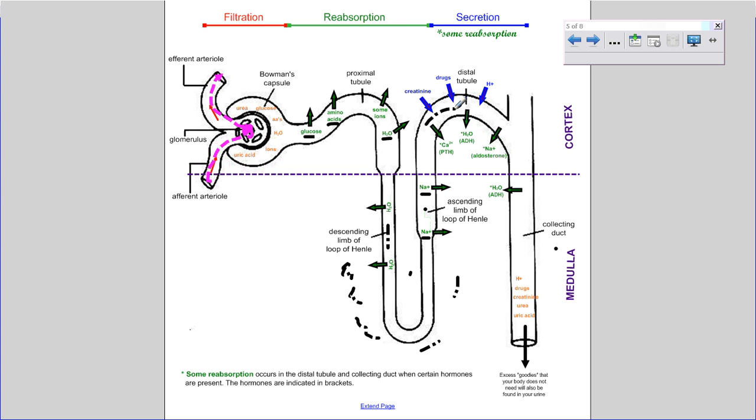It requires energy because they have to actively push things out even though they don't want to be. So things like, they're shown with the blue arrows here, creatinine, drugs, and hydrogen ions. If the blood's acidic, hydrogen ions will be forced out too, and that's how we can help regulate the acidity of the blood or pH levels.